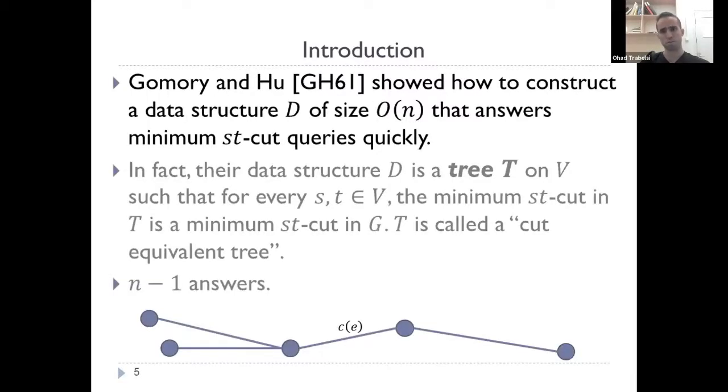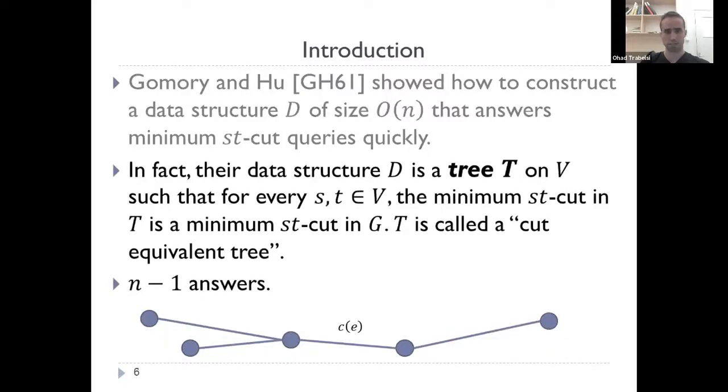So what they showed is that it is possible to construct a data structure of linear size that answers minimum cut queries quickly. And this data structure is in fact a tree on the same set of nodes as the given graph, so that the minimum s-t cut in the tree is also a minimum s-t cut in the input graph. And this tree is called a cut equivalent tree.